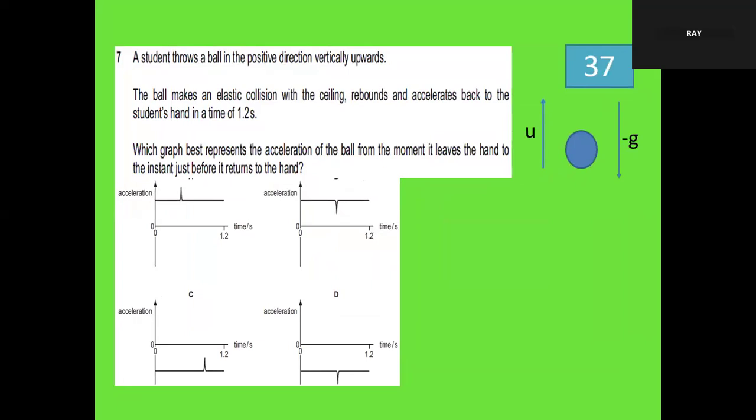A student throws a ball in a positive direction, vertically upwards. The ball makes an elastic collision with the ceiling and rebounds and accelerates back to the student's hand in 1.2 seconds. Which graph best represents the acceleration of the ball from the moment it leaves the hand to the instant just before it returns to the hand?